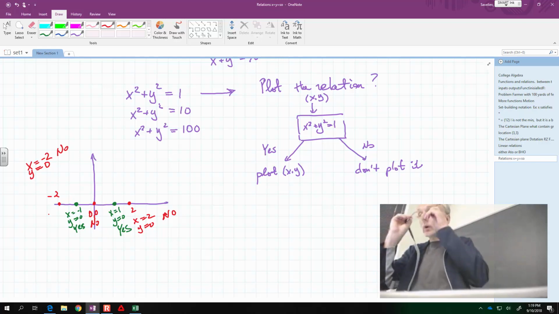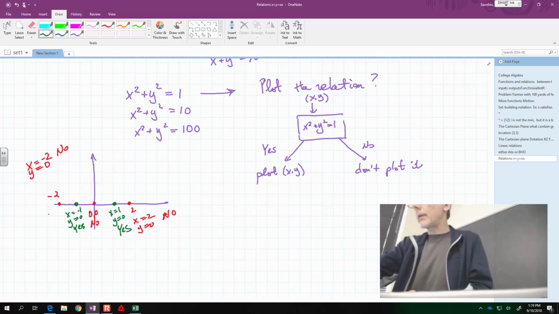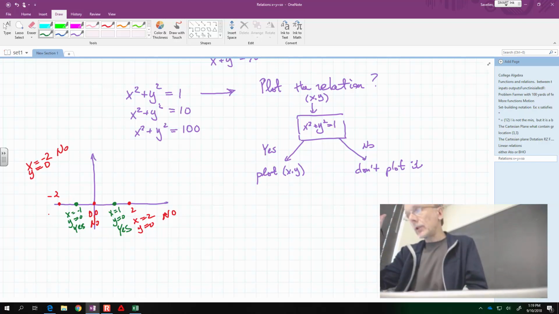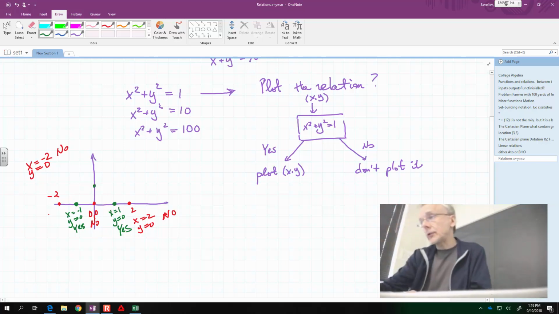What else can you think of? 0 and positive 1. So you flip x and y. So this point over here, x is 0, y is 1, so it's once again a yes. And another one right over here, x is 0, y is -1. Once again, it is a yes.